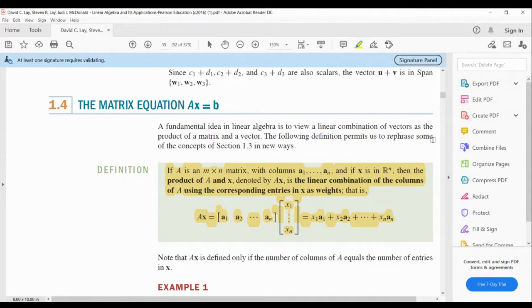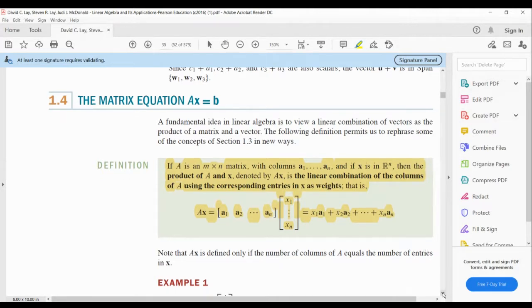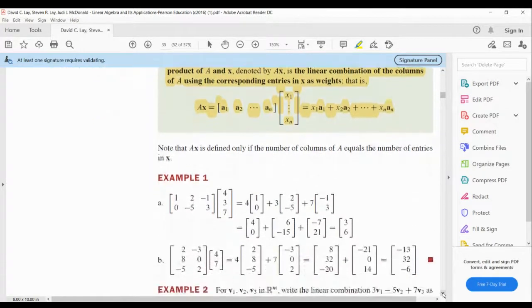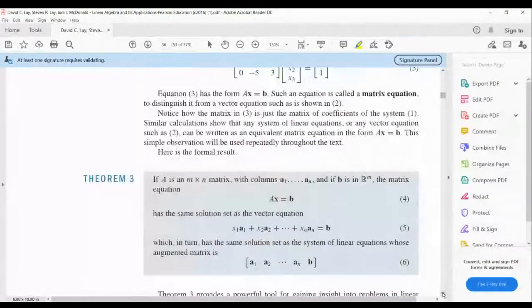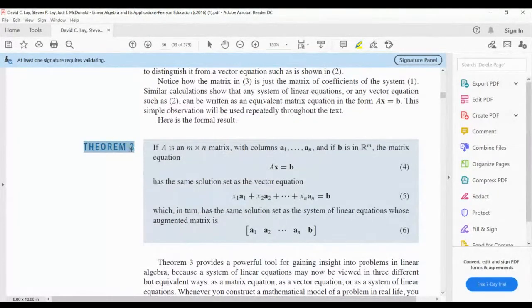All right, and this leads us to a theorem in the book, and they go through some examples that are pretty straightforward, but here's Theorem 3 in the book that makes the connection between a matrix equation, which is really now a system of equations, right? A matrix equation is a system of equations, can be written succinctly as that matrix equation.